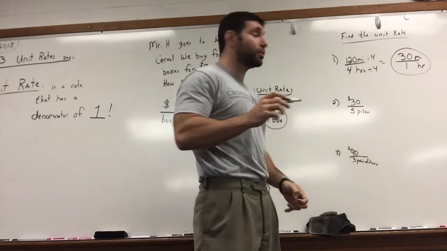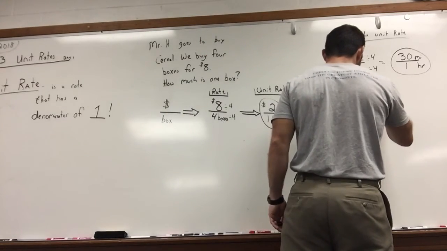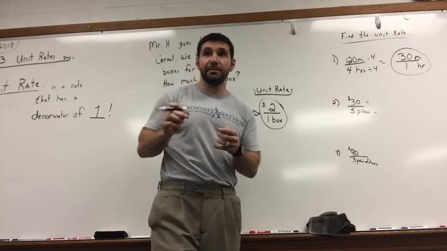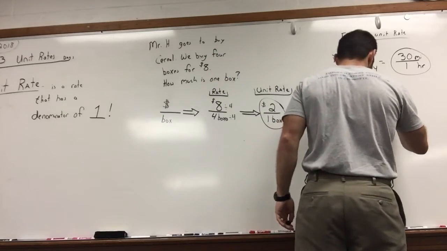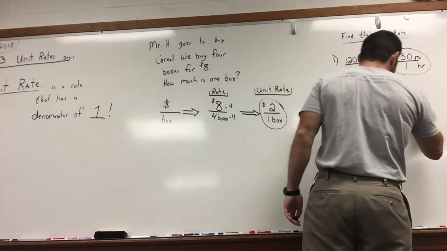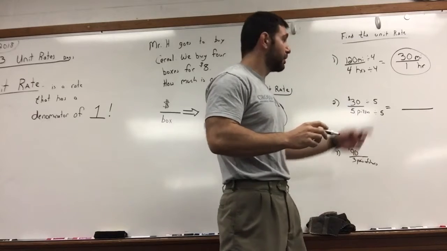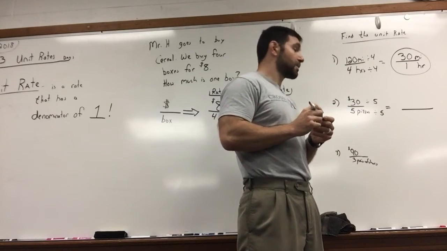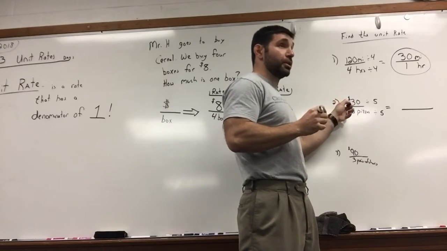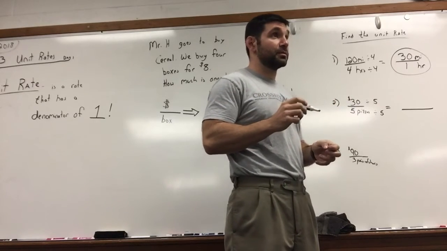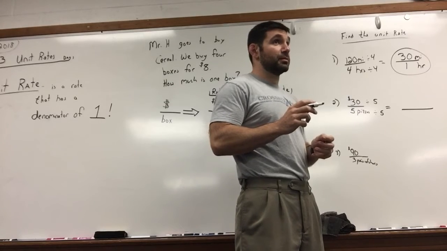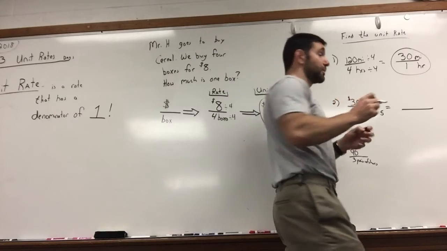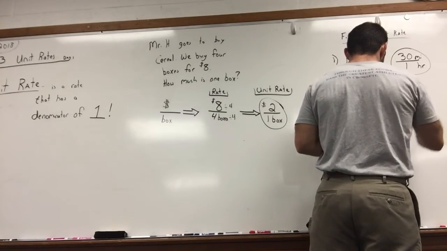Okay. Number 2. What am I dividing both the numerator and denominator by, Cece? By 5. So now I want to put the units. What's my unit on top, Rebecca? If it started off with dollars, what does it have to be? Stays dollars, good.